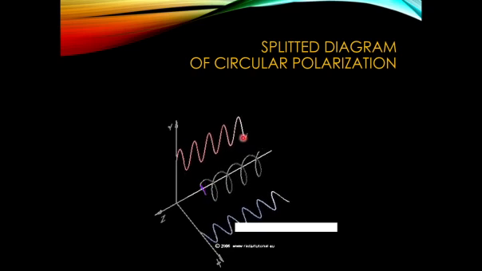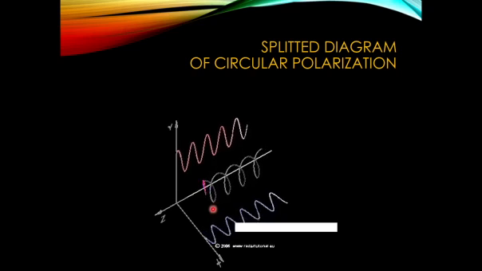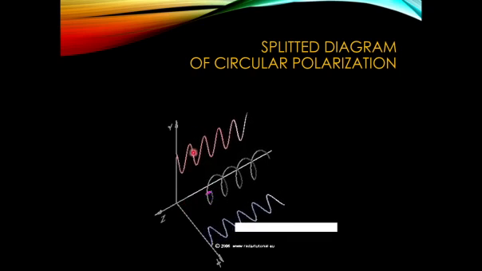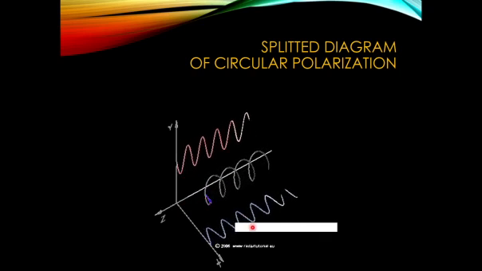Okay, so here again the resultant is shown by the arrow mark, and you can see it is moving equally in all directions. The length of the resultant is not varying. Okay, it's only because the amplitudes of the superposing waves are the same.